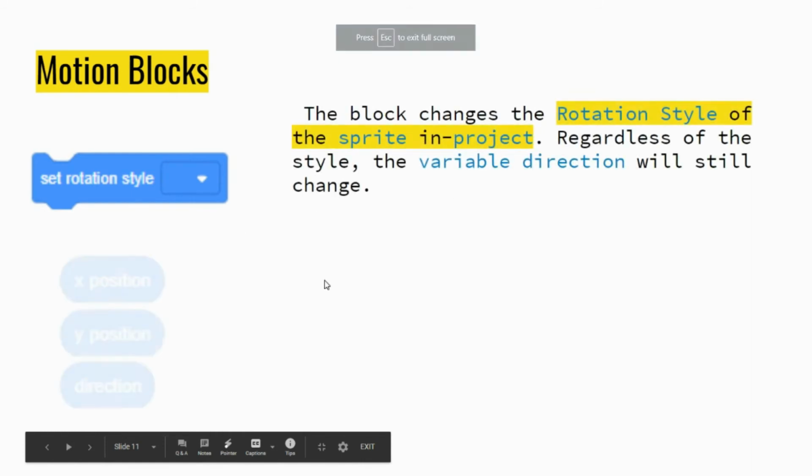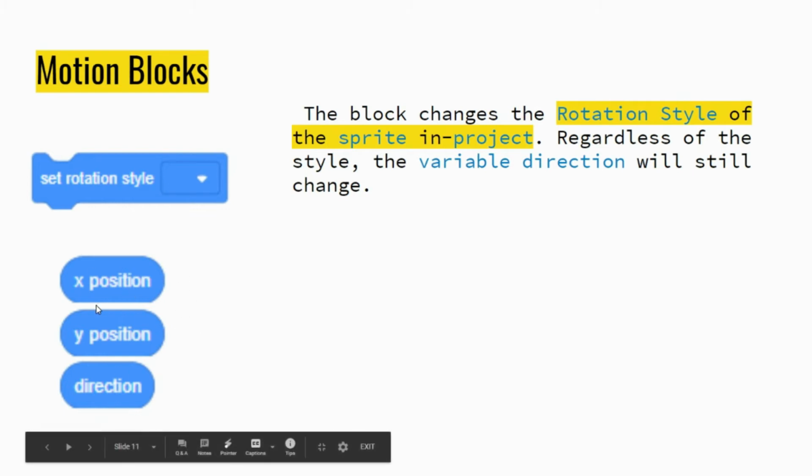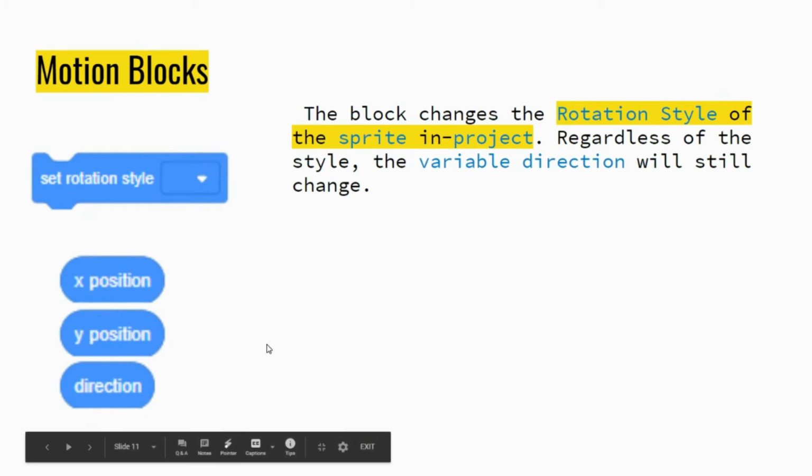So next is the X position, Y position, and direction. These are the three reporter blocks that I told you about earlier at the beginning. They only report the value of X, the value of Y, and the value of the direction.